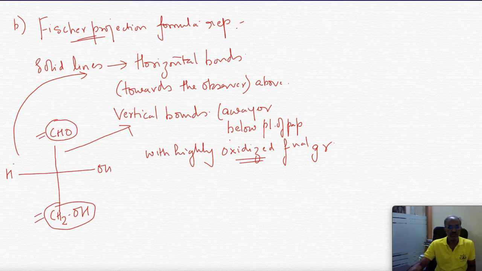Not this, not this. These are coming towards the observer, and these are going away. Right?